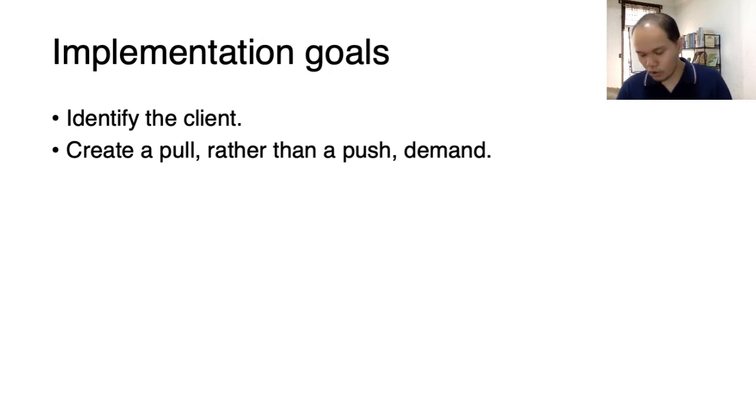So, how do we go about in obtaining our clients? Well, we have to identify the client. Okay, and it's like making friends. You like to make friends with a lot of people, but you can't really keep all of them, right? Some friends, yeah, they're keepers, right?